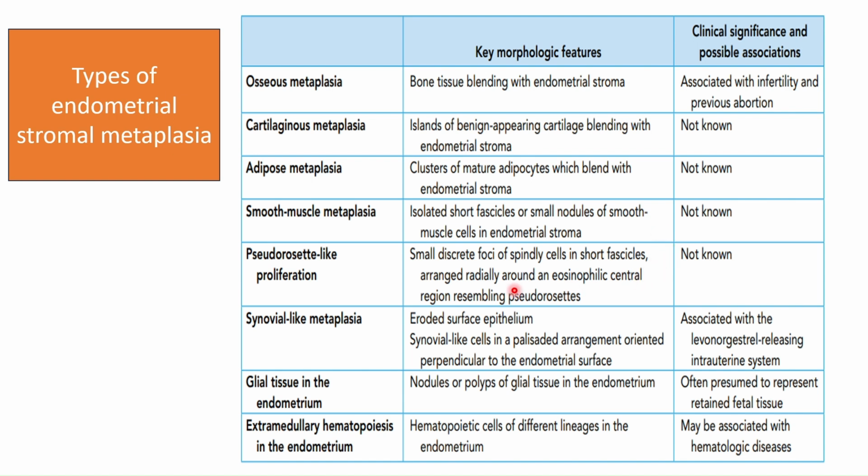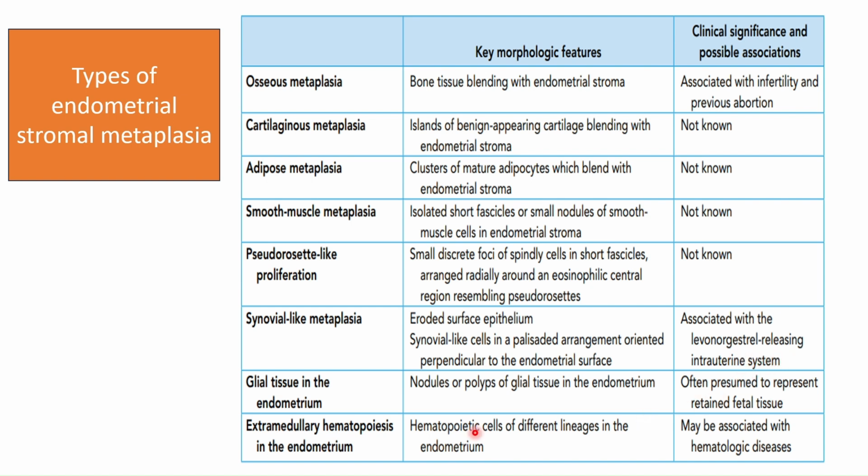Now synovial-like metaplasia, which is generally present in the eroded surface epithelium, having synovial-like cells with palisaded arrangement oriented perpendicular to the endometrial surface. It is mostly associated with levonorgestrel releasing intrauterine device.